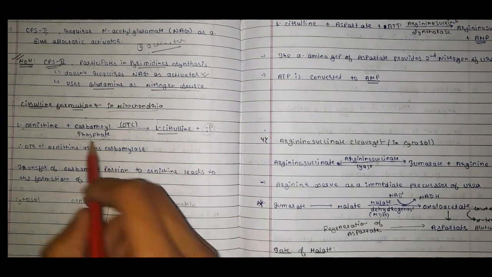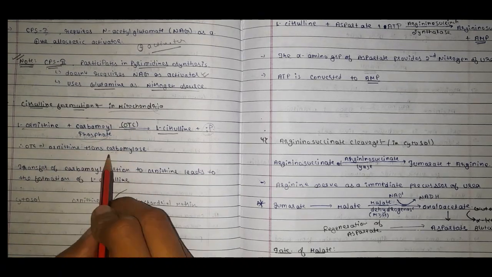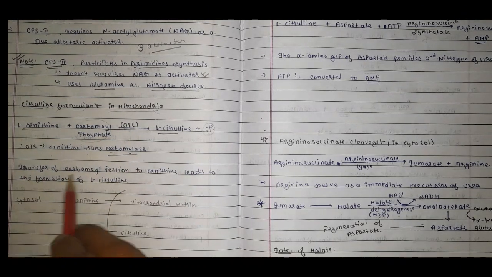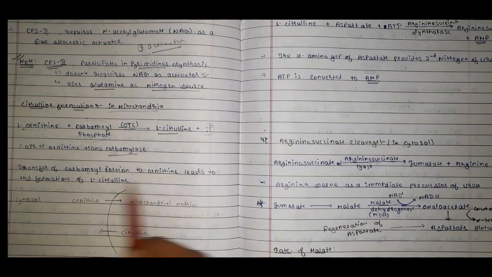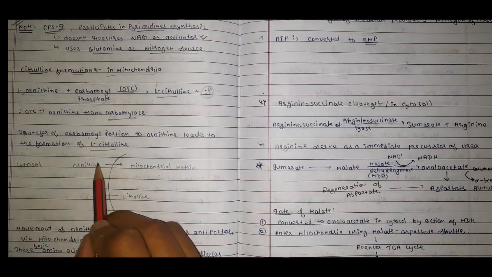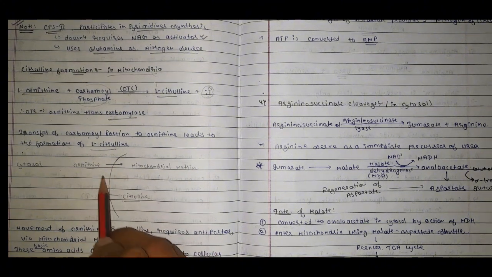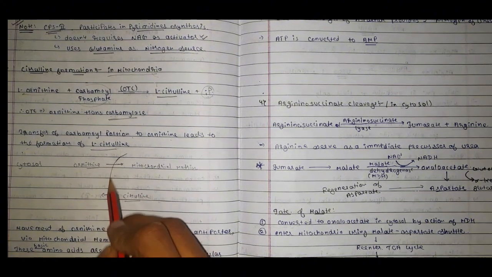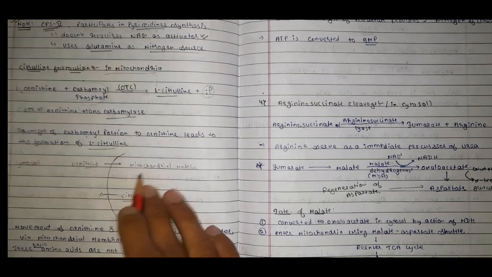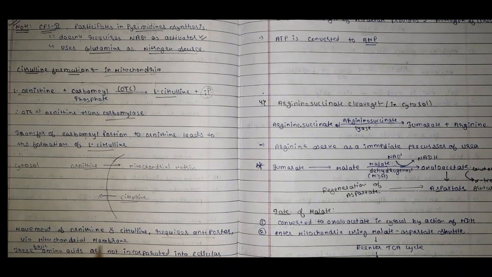is released. OTC stands for ornithine transcarbamylase. Transfer of carbamoyl portion to ornithine leads to the formation of L-citrulline. As we further discussed, ornithine and citrulline move through the antiporter present in mitochondrial membrane, and this movement requires an antiporter via mitochondrial membrane.